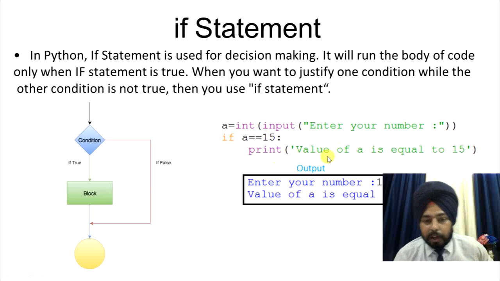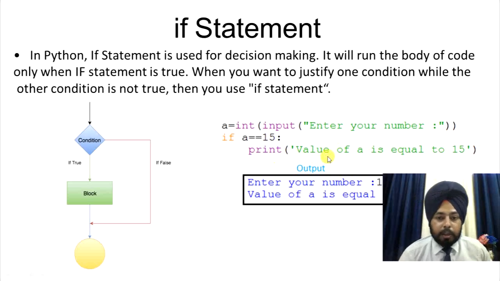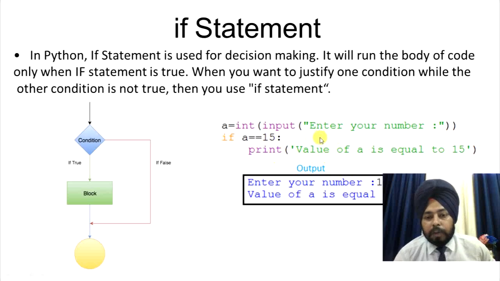If a does not equal 15, then it will do nothing, right? Whenever we press enter and input the data 15, it will print this answer. Otherwise, it will do nothing.